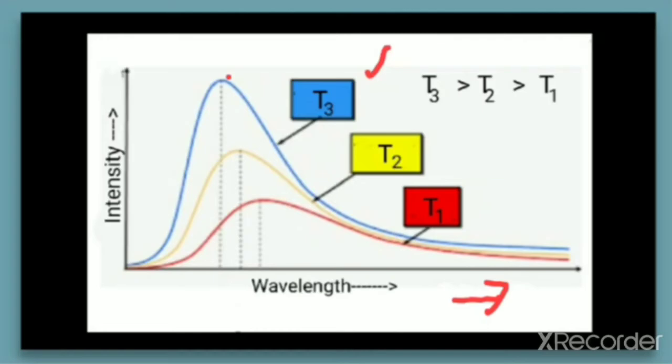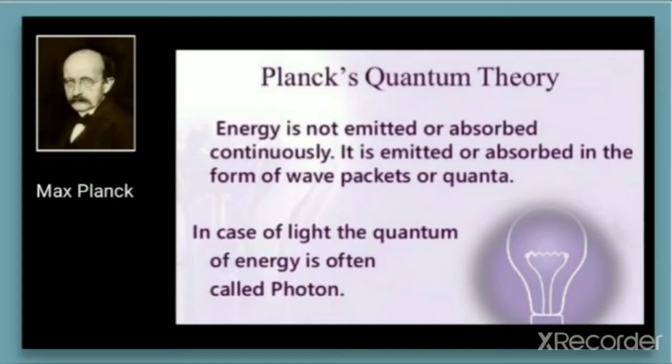As temperature T3 is greater than T2, which is greater than T1, we get three different plots as shown in the figure. The above experimental results cannot be explained satisfactorily on the basis of wave theory of light.